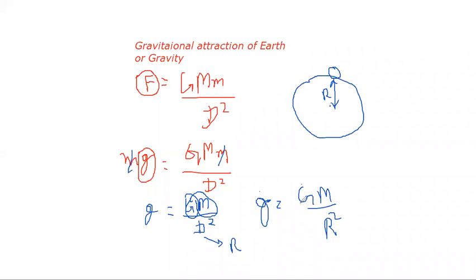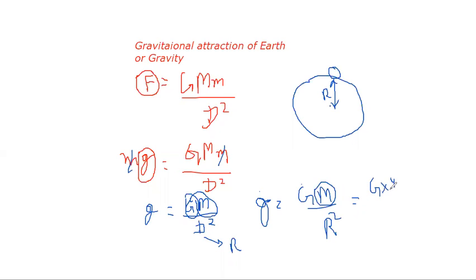Okay. Now we can replace this capital M, mass of the Earth, with volume into density. Let's see how we can write it. So this G M by r square, instead of M we can write G into volume of the Earth.